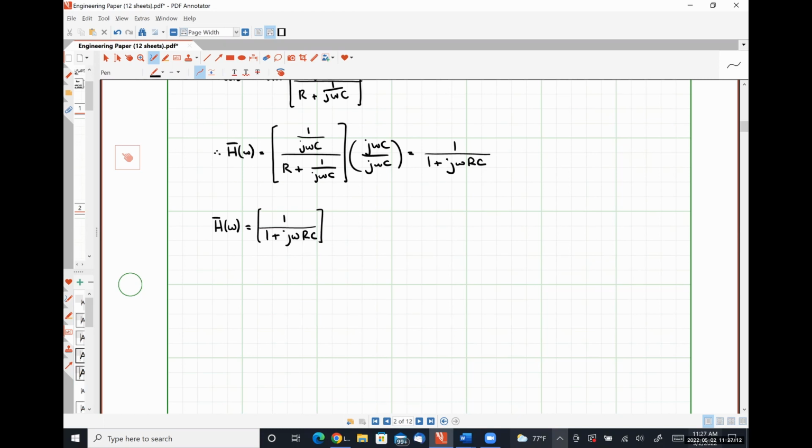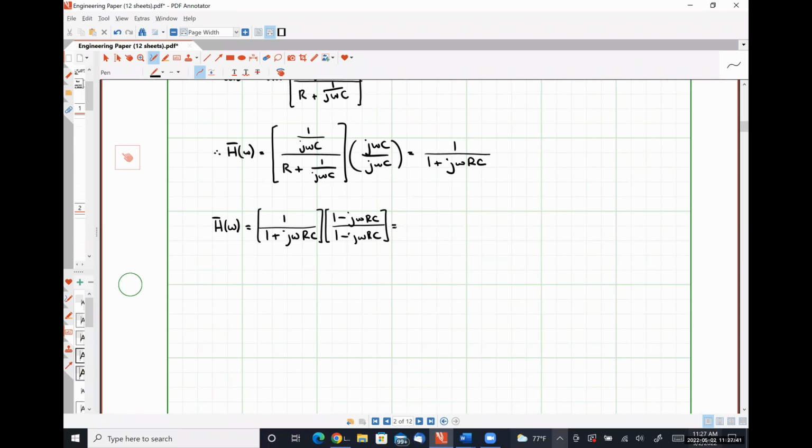And what I'm going to do is multiply by the complex conjugate of the denominator over the complex conjugate of the denominator. So that would look like 1 minus j omega RC over 1 minus j omega RC.